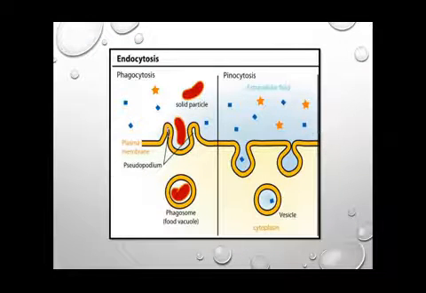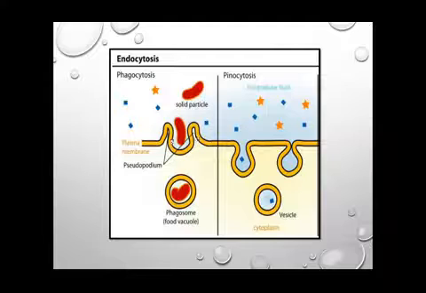See, this is the plasma membrane of the amoeba. Okay, the cell membrane or plasma membrane of amoeba. As you all know, amoeba is a unicellular organism. So as soon as the food material comes near the plasma membrane, it shows its flexible character.